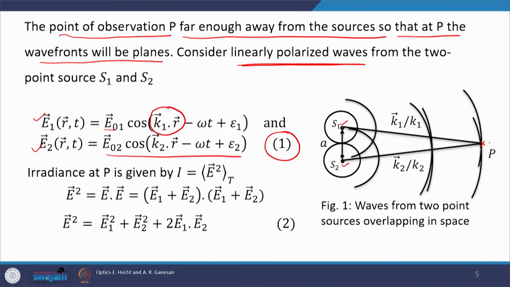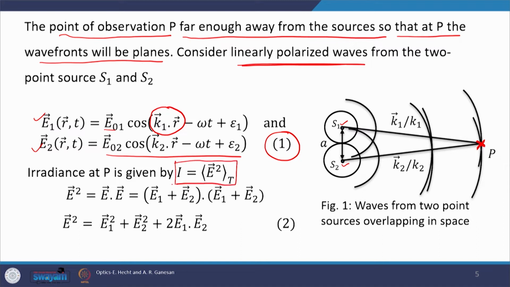Now, if we want to calculate the resultant disturbance at the point of observation P, we will have to sum E1 and E2 and then square this expression, and the resultant will give the total disturbance or total irradiance at point P. And this is what is shown in this expression.